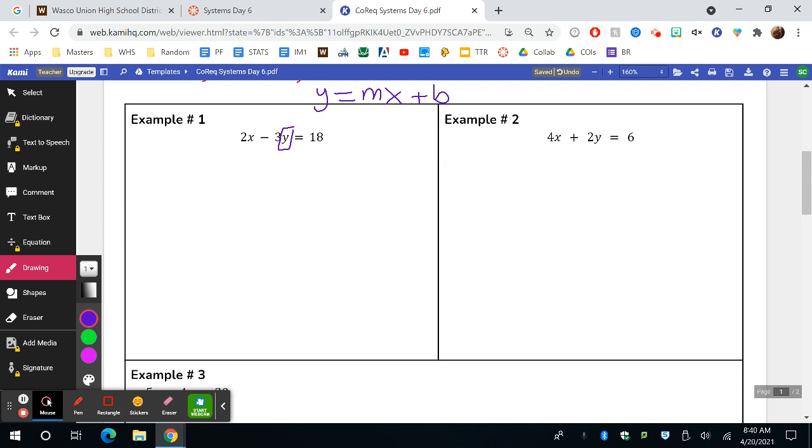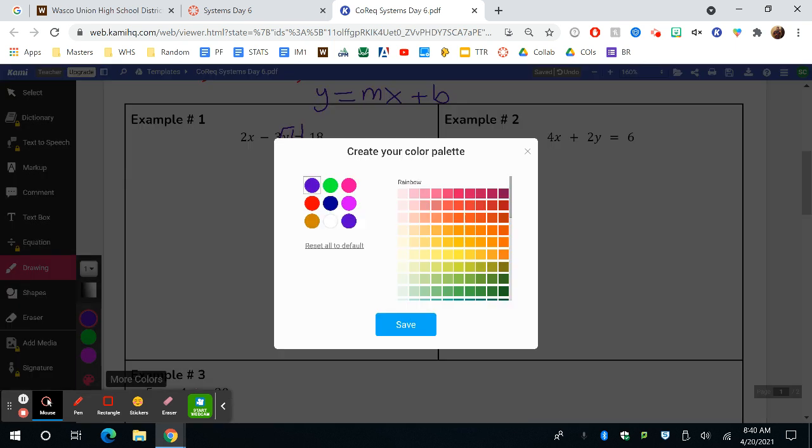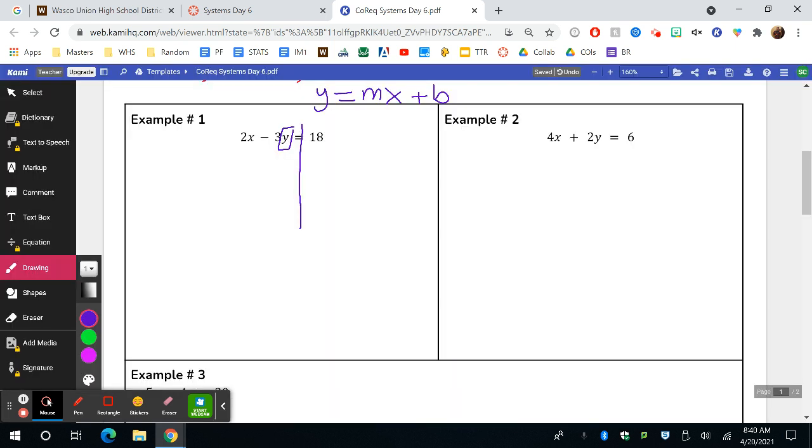Okay, so to do that, I have my two sides of the equation, and the first thing that I'm going to do is I need to move the 2x to the other side. So since it's positive, I'm going to do minus 2x, minus 2x.